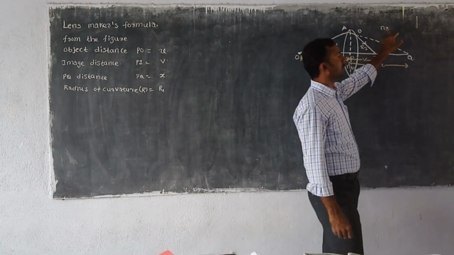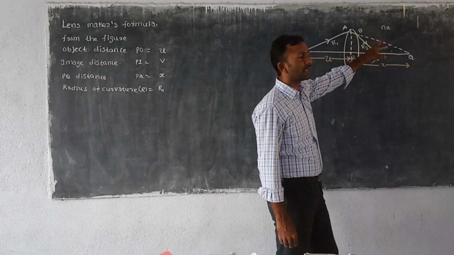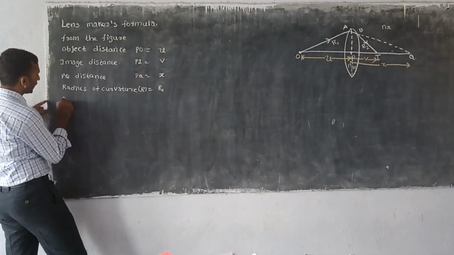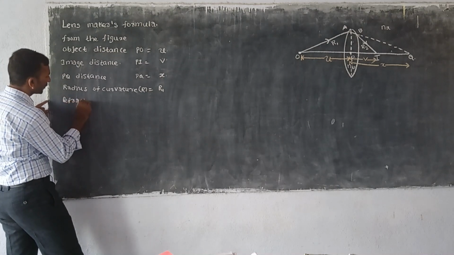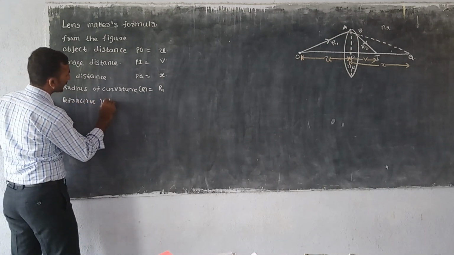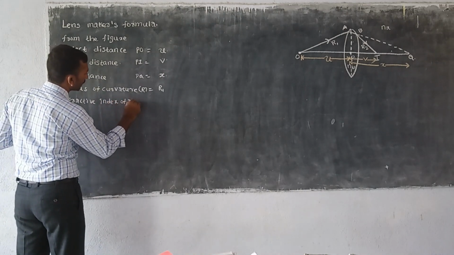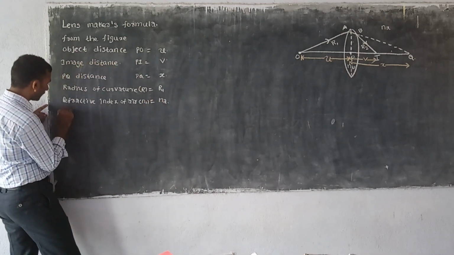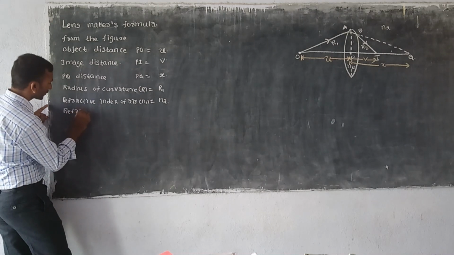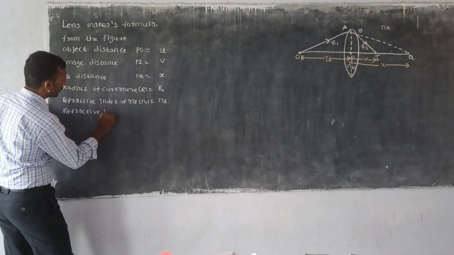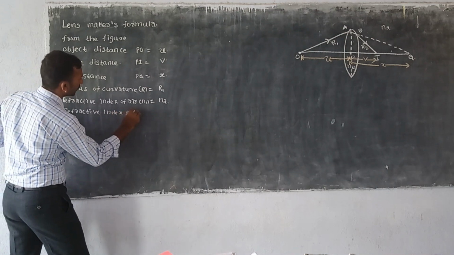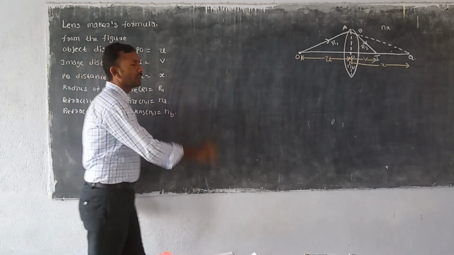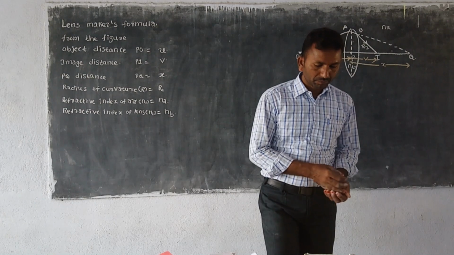The lens is kept in air, so the refractive index of air, N1 equals Na, and the refractive index of lens, N2 equals NB. So these are the values we can write from the figure.